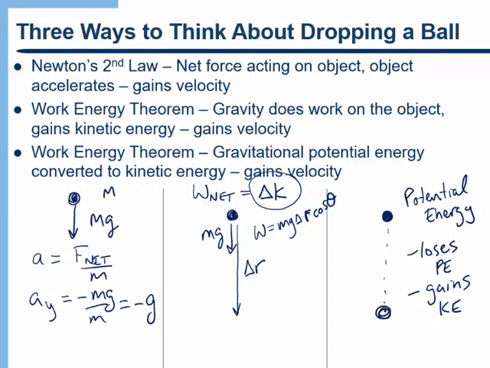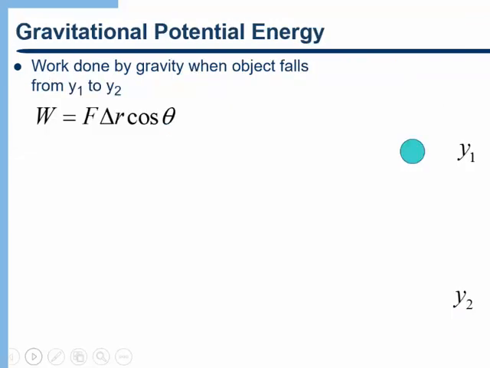So instead of thinking about gravity as doing work on the object, we define a new quantity, gravitational potential energy, and say the object has that when it's here and it's losing that, and that's what's being transformed into kinetic energy down here. Okay, in order to implement this new way of looking at things, we've got to figure out what the correct mathematical expression is for potential energy.